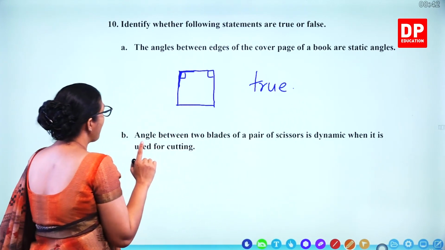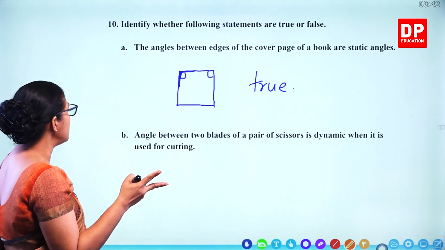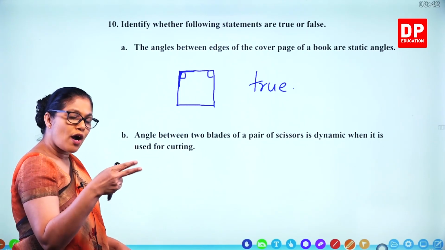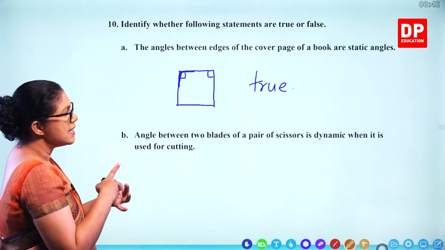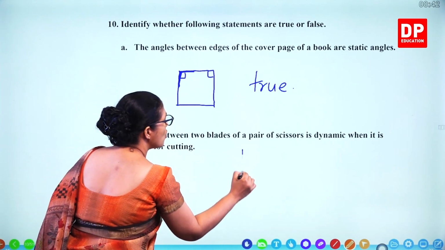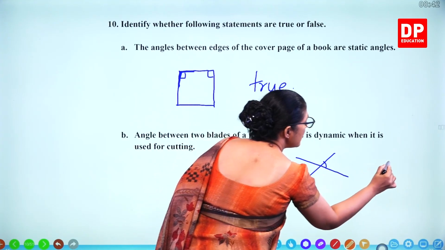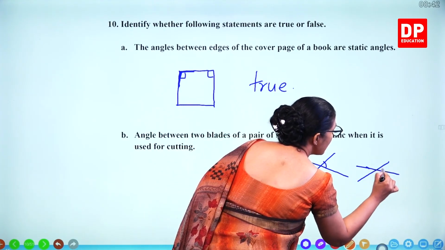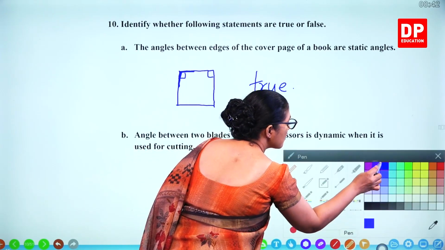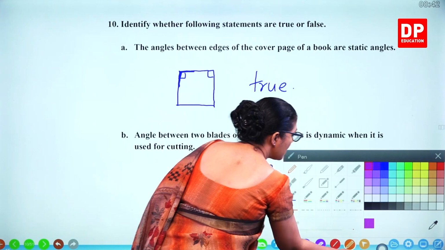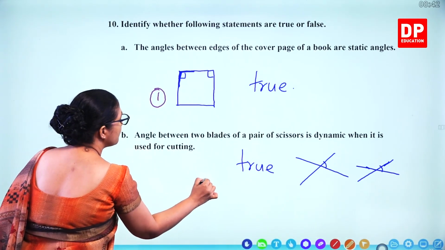Angles between two blades of a pair of scissors is dynamic when it is used for cutting. When you are trying to cut, this changes all the time. So that's called a dynamic angle. So that's also true. Each time the angle differs, sometimes getting smaller, sometimes getting bigger. So both are true. 1 mark each.